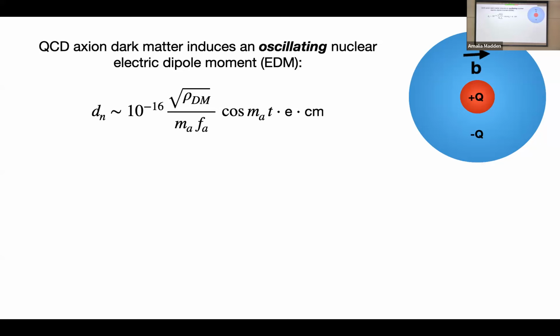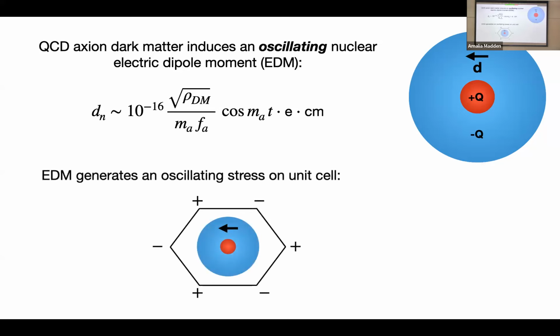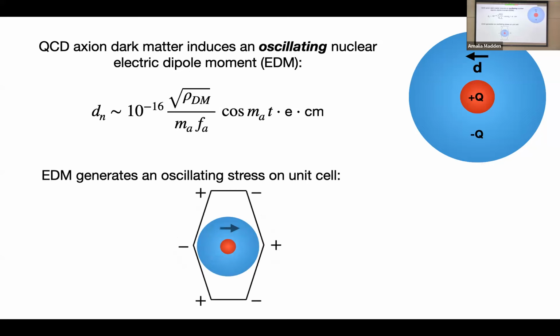So here's our picture of what's going on. And then we hope that the potential from this nuclear electric dipole moment will induce a potential on the electrons in your crystal that will also cause them to oscillate, or rather will cause an oscillating mechanical stress in this crystal.